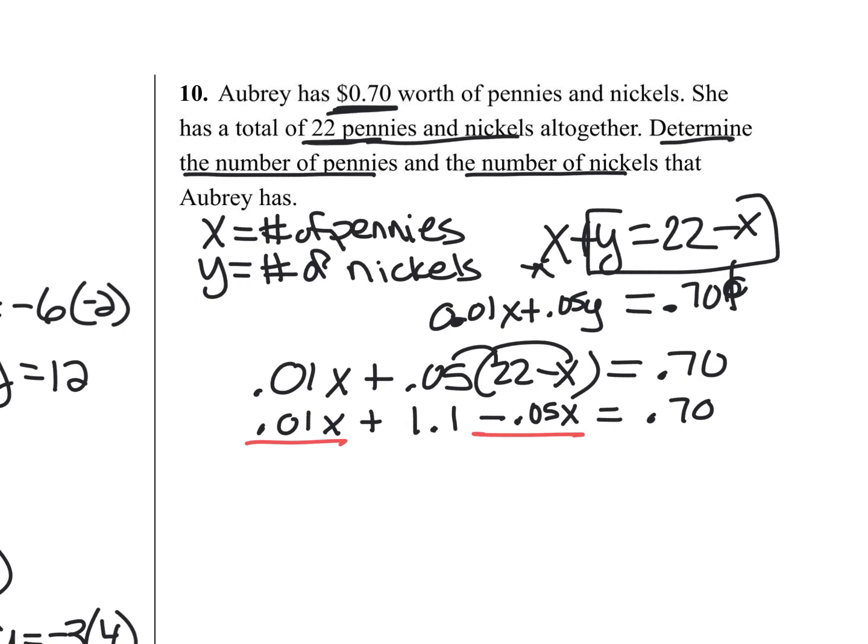So 0.01 minus 0.05 is going to give you negative 0.04. Oops, don't forget that. Let me write that better. Negative 0.04x plus 1.1 equals 0.70. So I'm going to add 4 cents.